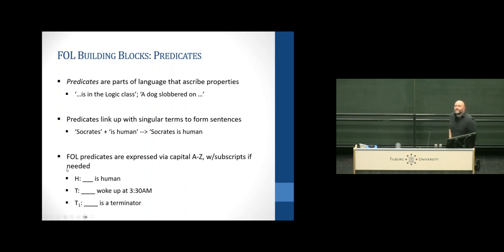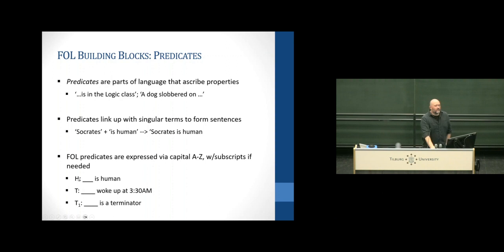In FOL, our predicates are going to be expressed by capital letters with subscripts if we need them. And when we write them into our symbolization key, what we're going to do, at least for now, is link them up to what their English predicate is. So we'll write, hey, H expresses the predicate is human.